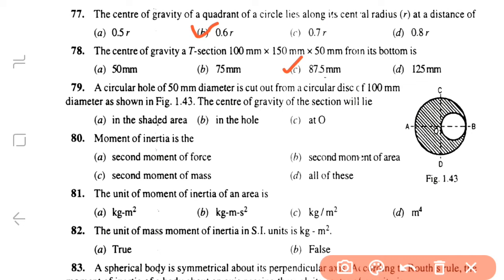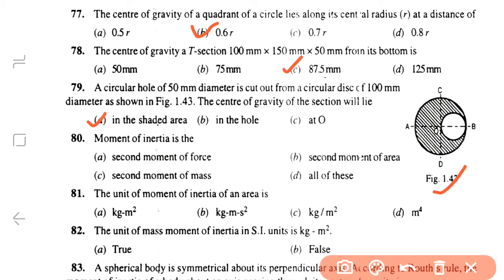Now next is, friends, a circular hole of 50 mm diameter is cut out from a circular disc of 100 mm diameter as shown in figure. This is the figure. The center of gravity of the section will lie here, friends. These are the options, and here the correct answer is option A, that is in the shaded area.